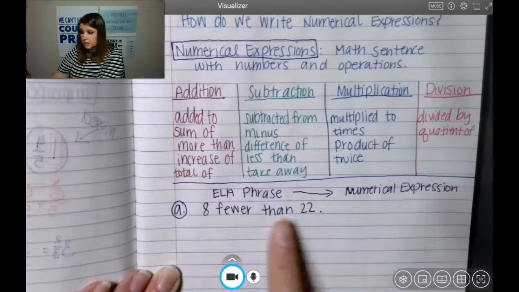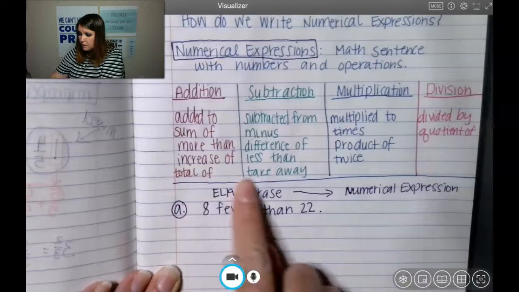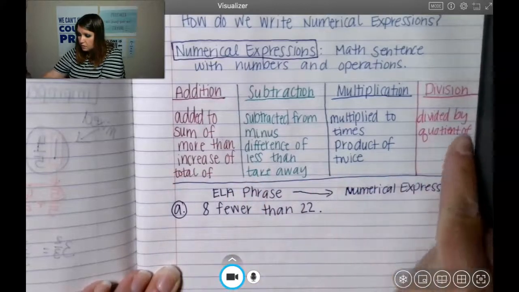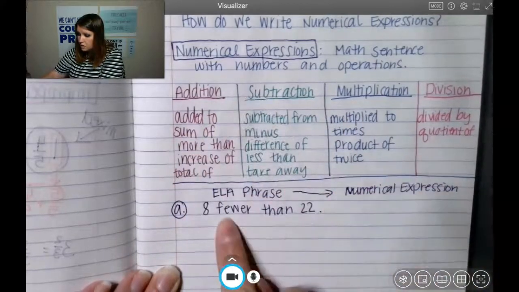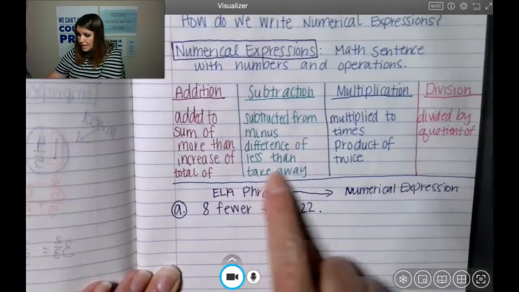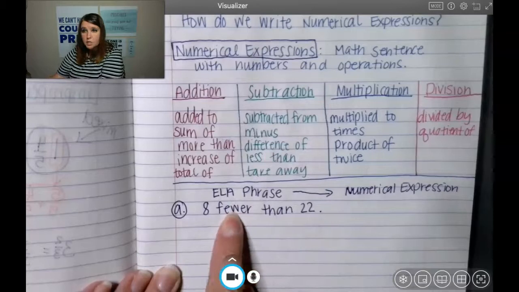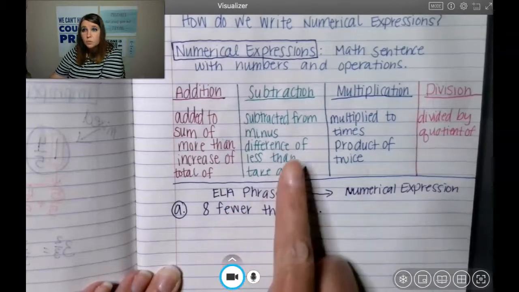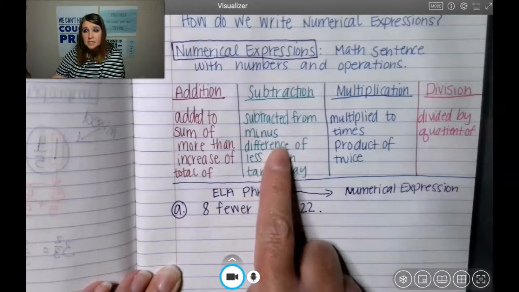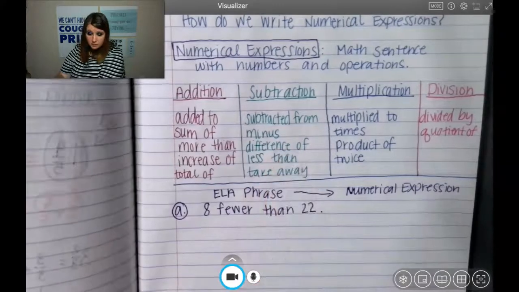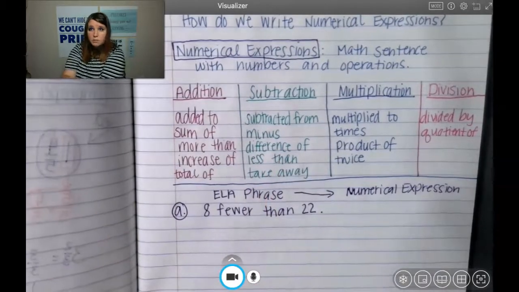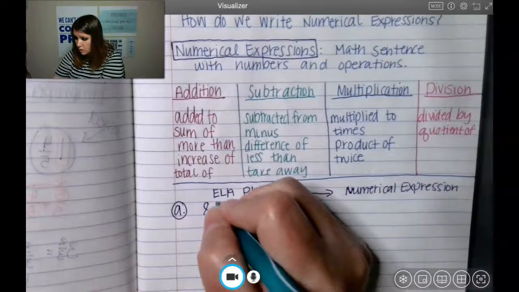So my clue word says fewer than. So I'm going to come up here and I'm going to look for fewer than. Well, fewer than isn't in here, but we know that fewer is a subtraction word, right? So we could add fewer than into our subtraction here. If we wanted to, that would be great to add that into our notes.